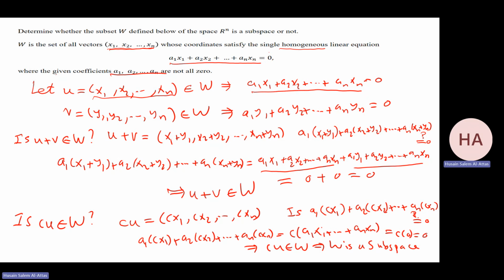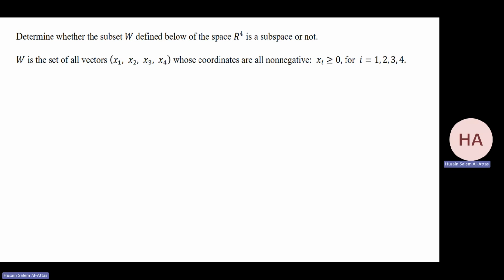Yeah, this is what we did in 4.2. We just expand this subspace idea to Rn. This was in general, but now we'll deal with examples, like what we did before. Now I have this set W of x1, x2, x3, x4 such that all components are non-negative.